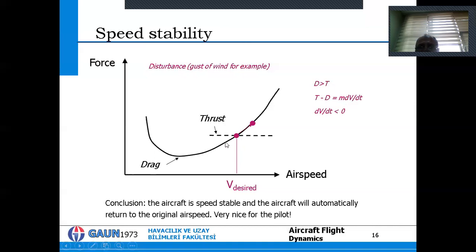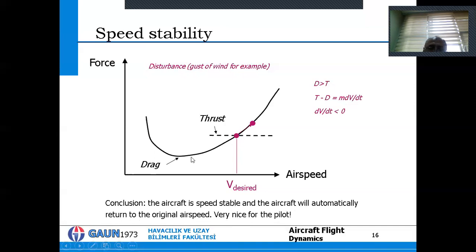So if the airplane moves to this point, it will accelerate back to restore this point. So, conclusion: the aircraft is speed stable, and the aircraft will automatically return to the original airspeed. And very nice for the pilot.